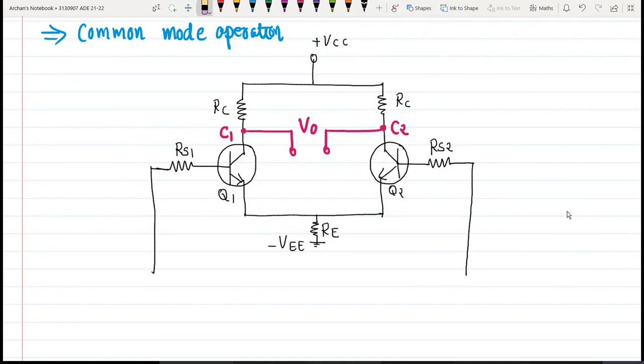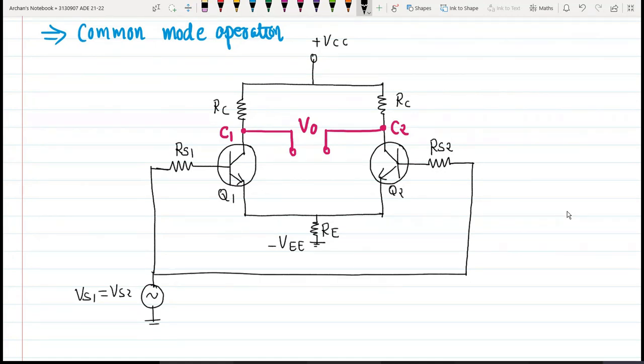So what we are doing now is using the same source over here. Say Vs1 will be equal to Vs2. The same voltage is applied to the second terminal also. So this is my circuit, right?